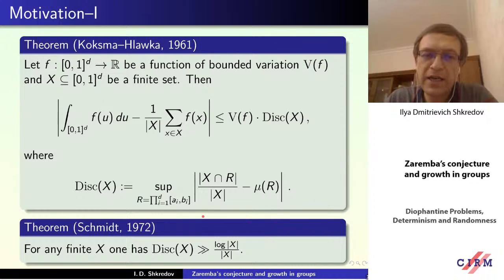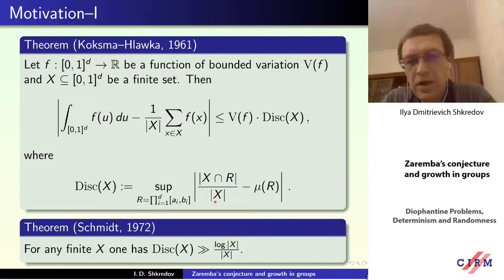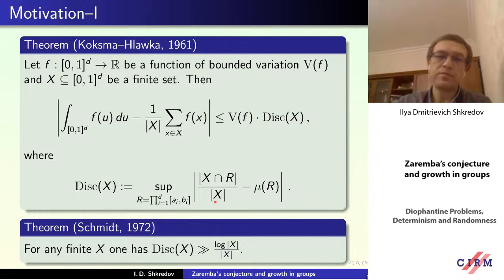I take any rectangle R and calculate the frequency of appearance of my set X in R. So I consider the cardinality of the intersection of X and R over the size of X. And after that, I subtract just the measure of my rectangle. And after that, I take the supremum.